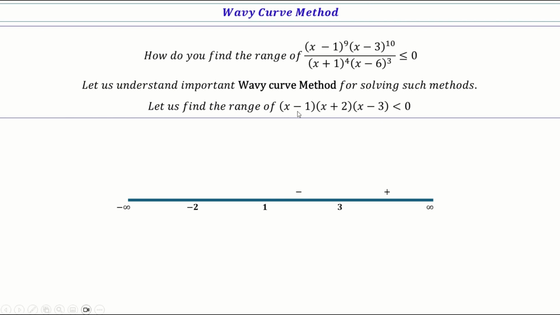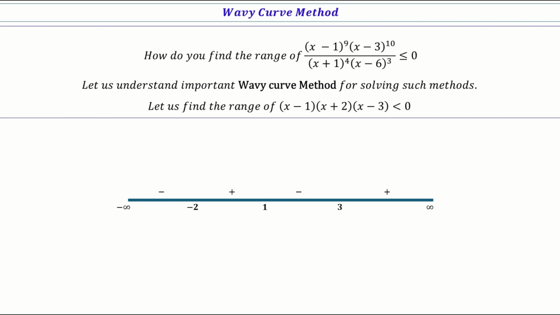If I take 2, 2 minus 1 is positive, 2 plus 2 is positive, 2 minus 3 is negative, so it will become negative. The LHS is negative. Between minus 2 and 1, you can take 0 and try. You will get positive. Then from minus 2 to minus infinity, take a bigger number like minus 3 or minus 5. You will know it is negative.